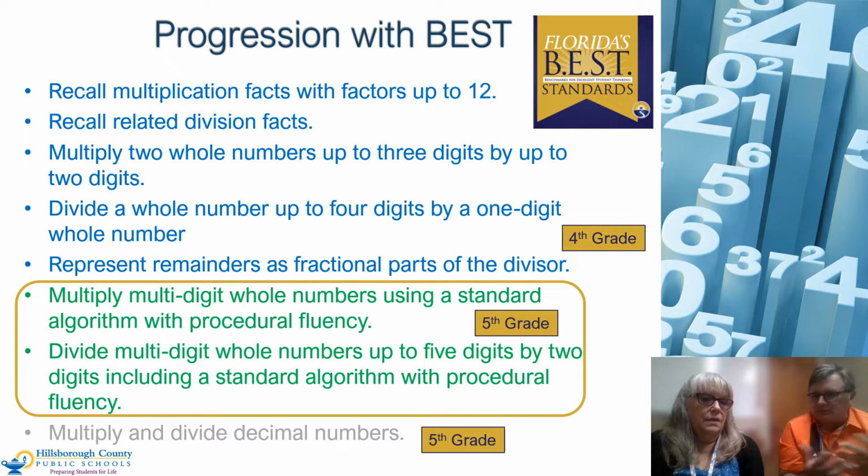Correct. And flexible and be able to use any strategy given a context. And a standard algorithm doesn't mean that they need to use the traditional algorithm. They can choose an algorithm of their choice to build that procedural fluency. Right. Earlier this year, they did multiply and divide decimal numbers, and that ties into what we're doing here with whole numbers in this unit.